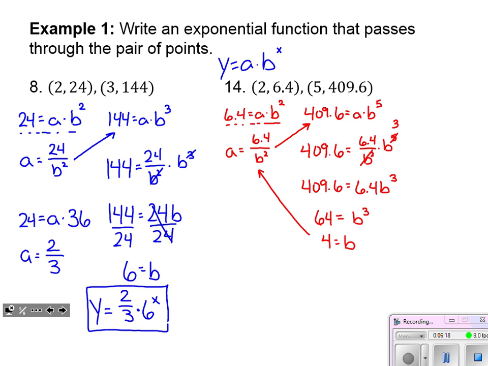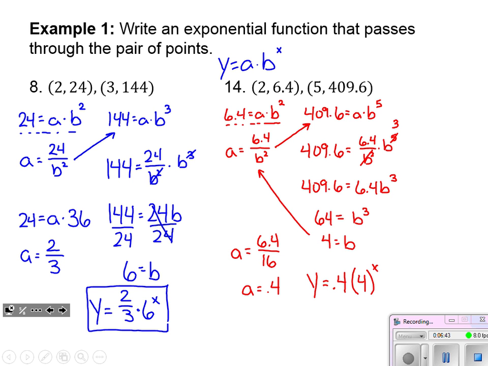Plug that back in. So my a value is going to be 6.4 over 16, and I find that a equals 0.4. So we get y equals 0.4 times 4 to the x power. Let's just check that in a calculator really quickly.